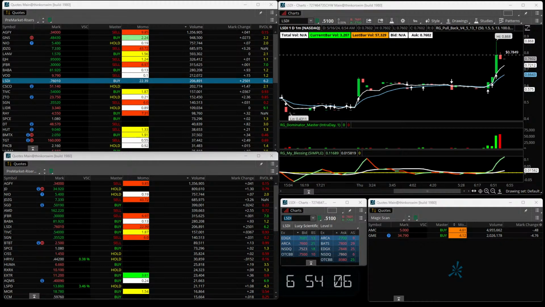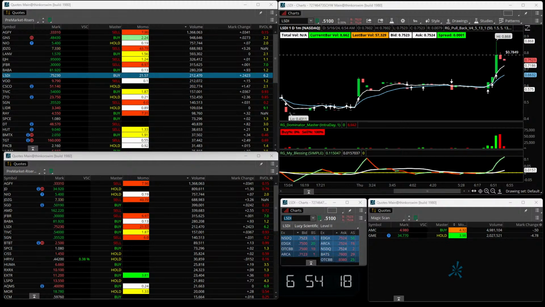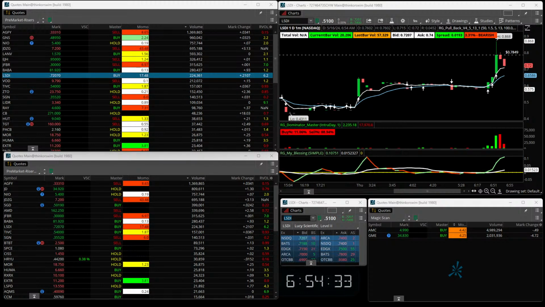I think we're getting a bunch of temptation candles this morning. Second red candle pulling back.